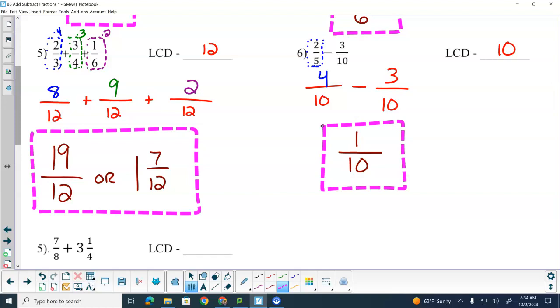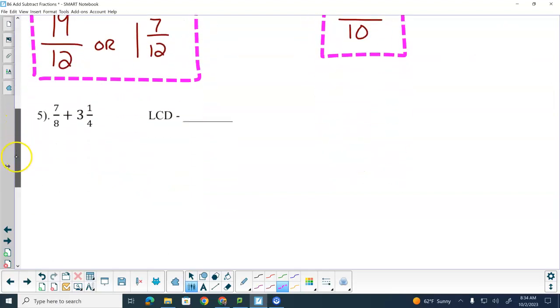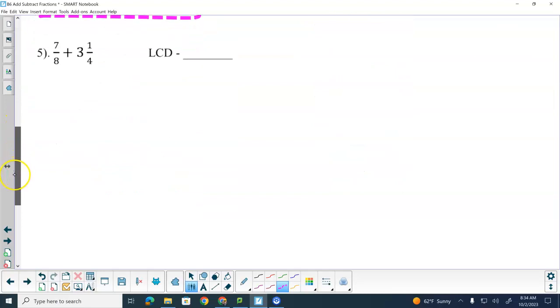Alright? Let's spend a little time here doing number 5. That one's our first mixed number and fraction type one. Okay? So in my brain, I'm going to take this 3 and just move it right out here, put it out in front. I'm going to remove it from the problem. Since we're adding, we're okay with that.